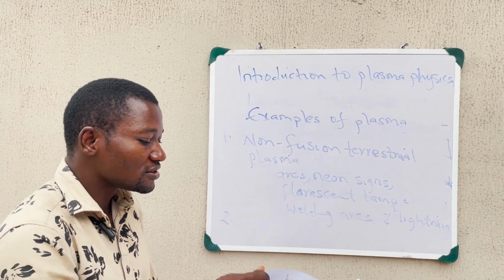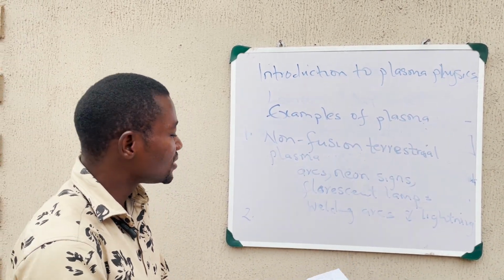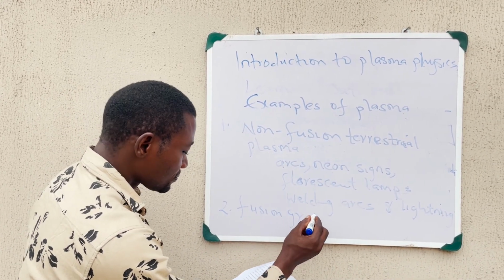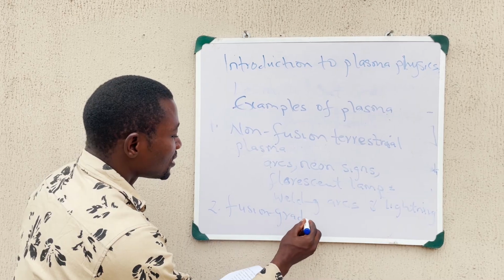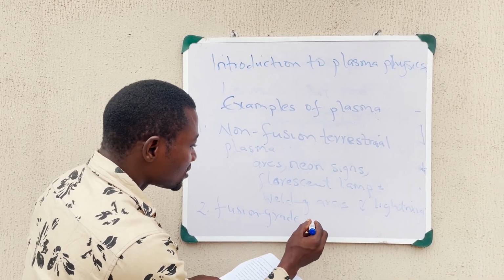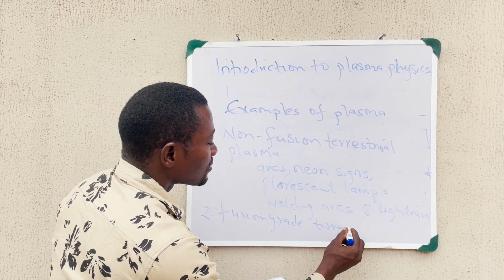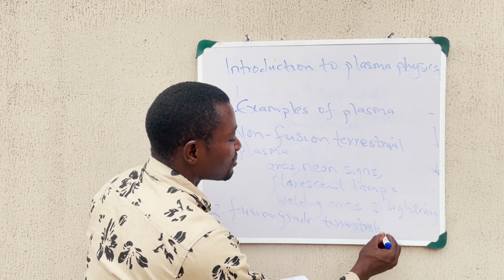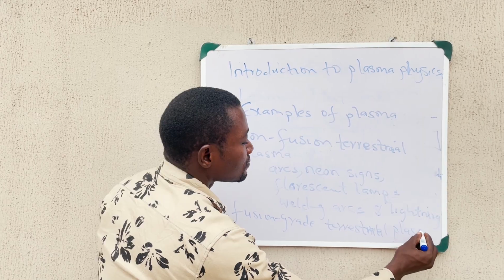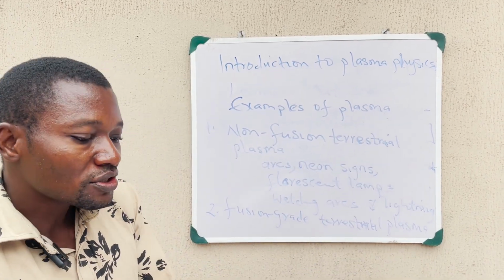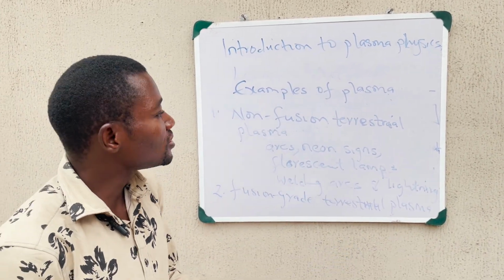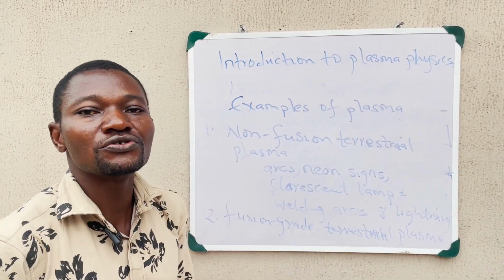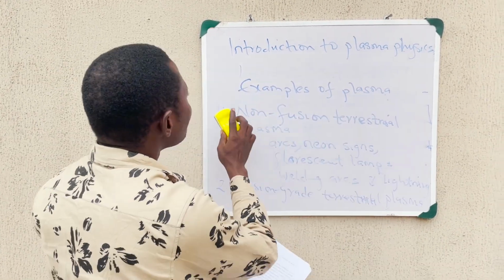The second one is fusion grade terrestrial plasma. Here we talk about things like the Tokamak, where plasma is produced using a fusion reaction.